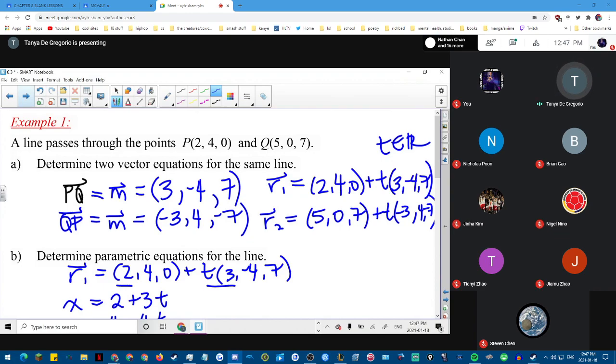For R2, I didn't have to find another direction vector. I could have just used 5, 0, 7 and the same direction vector, but I wanted to show you that I could also use the direction vector going in the opposite direction, which is negative 3, 4, negative 7. I used that for my second, but I didn't have to. Are there any questions?